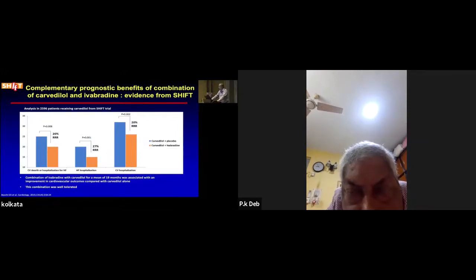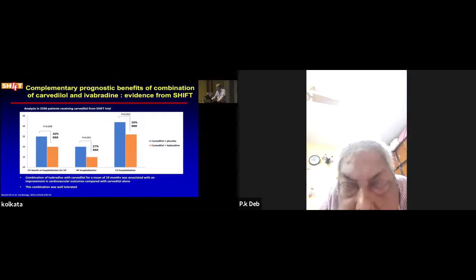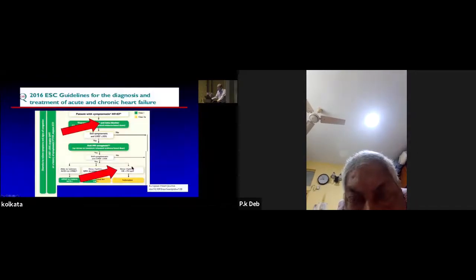Complementary prognostic benefits: the combination of carvedilol and ivabradine has been shown in the SHIFT trial to give a 20% relative risk reduction as compared to carvedilol alone. And also you can see cardiovascular death or hospitalization from heart failure, or heart failure hospitalization, are mostly in favor of the combination rather than carvedilol alone.